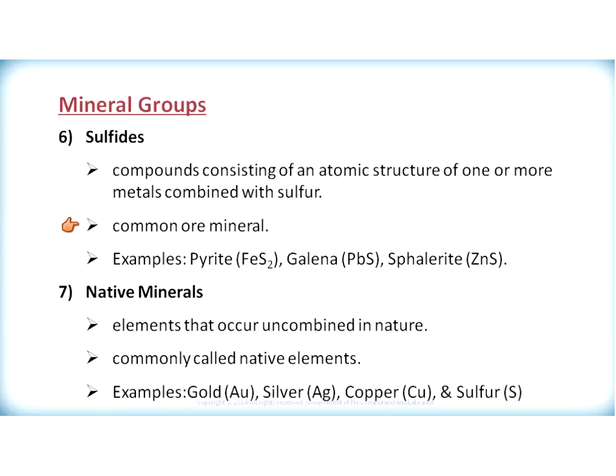The 6th mineral group that's found within the Earth is called sulfides. Sulfides are compounds consisting of an atomic structure of 1 or more metals combined with sulfur. Sulfides also make up some of your mineral groups that are commonly called ore minerals.